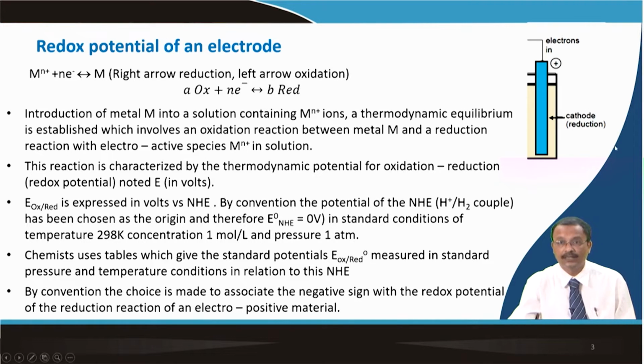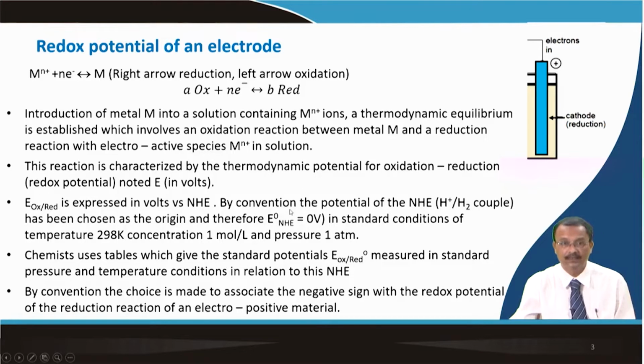Here I have shown the reduction part, and this typical reaction is characterized by a thermodynamic potential for this oxidation reduction, and we call this a redox potential, and this is usually measured in volt.